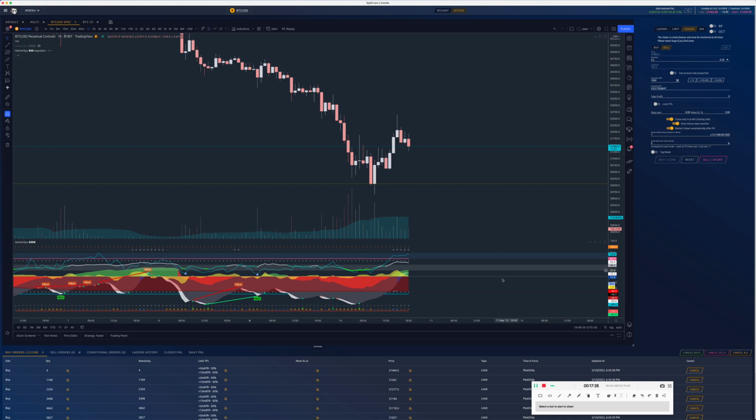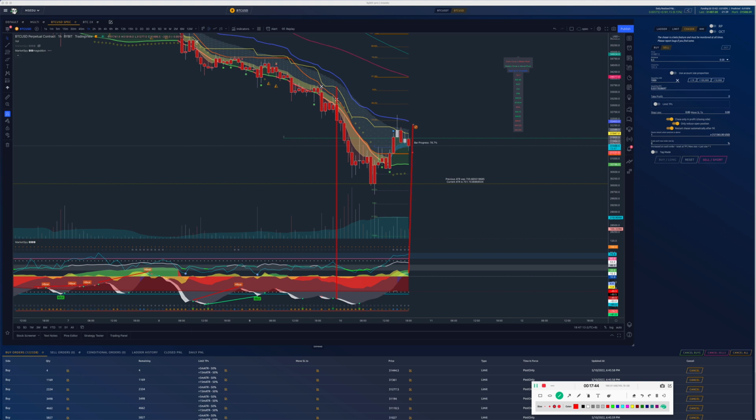What you will see shortly, and it's probably playing out right now, is this red dot. If we draw a line, this red dot occurred here, and we're potentially going to get another red dot here, let's say within the next 12 minutes.